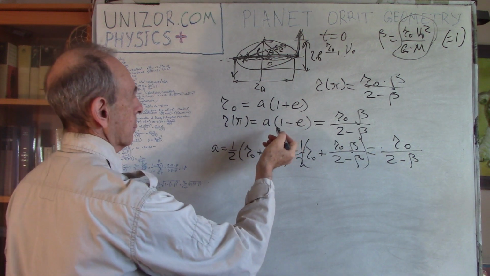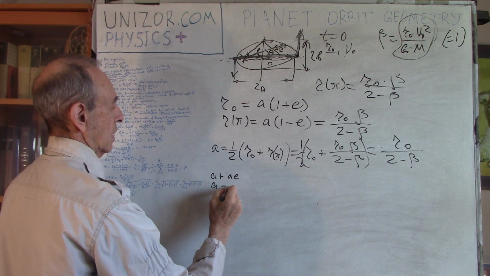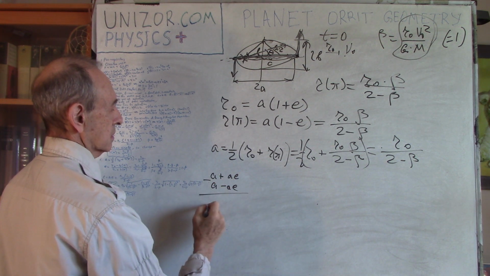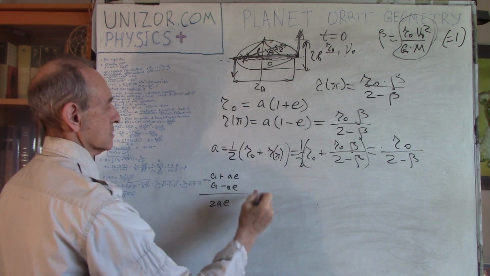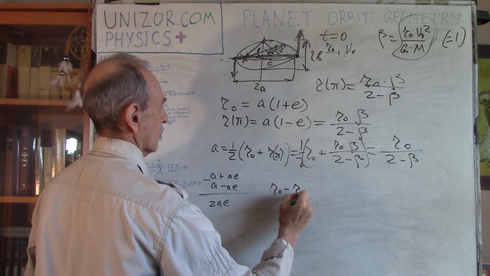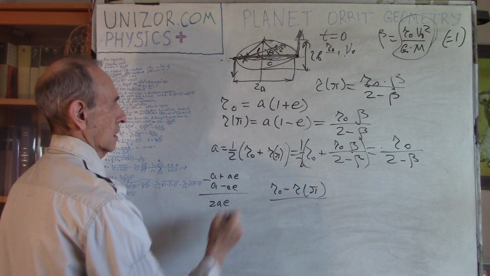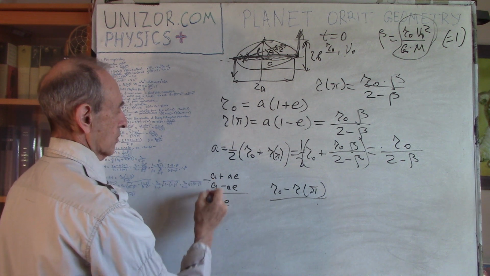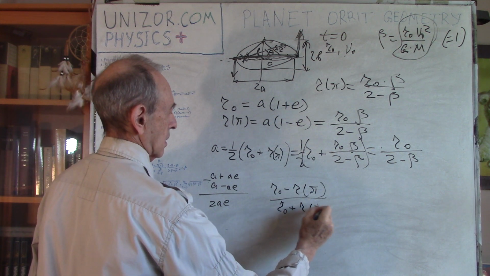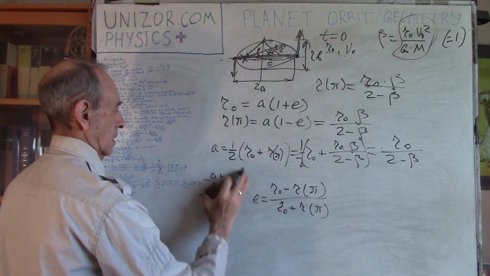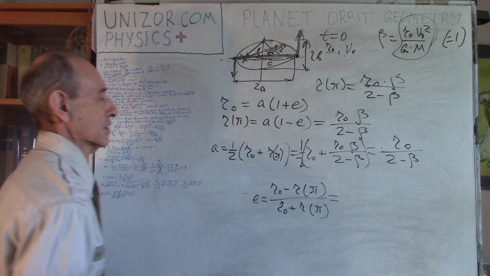How to get E? Well, if I subtract them, I will have A plus AE, A minus AE. If I subtract them, I will have 2AE, which means the difference, R0 minus R of pi, divided by their sum, which is equal to 2A, will give me E. Now, here I will have a very interesting thing.